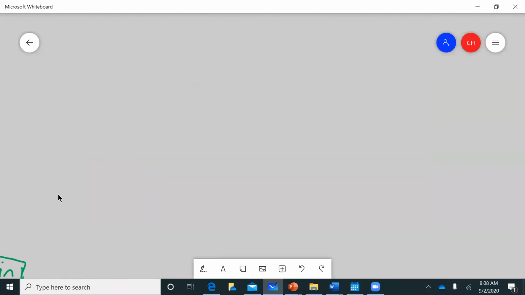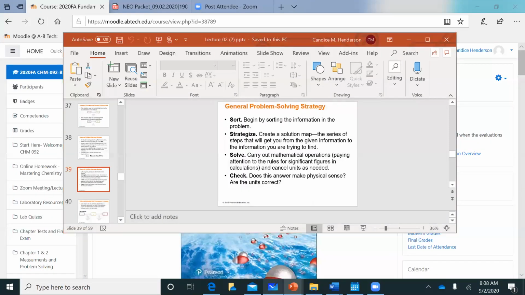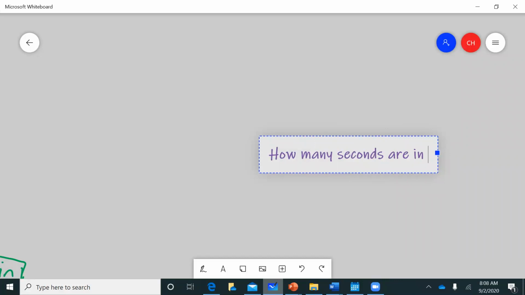So using dimensional analysis, how many seconds are in 34.02 days?